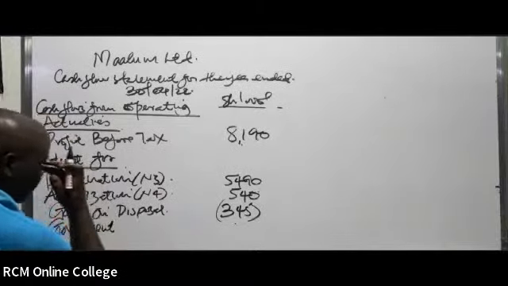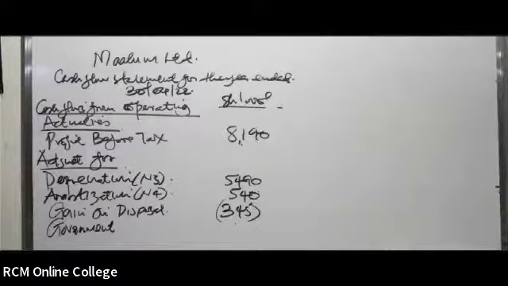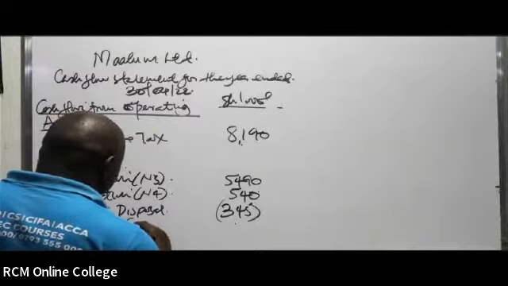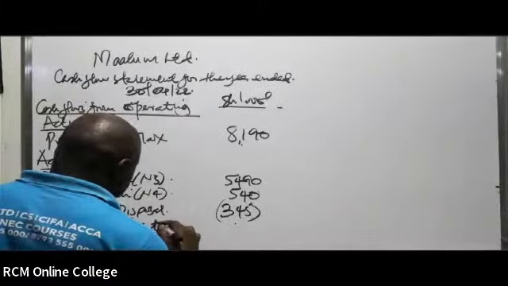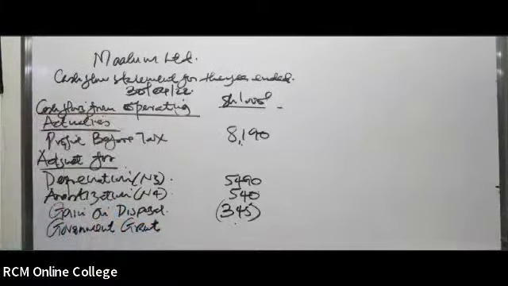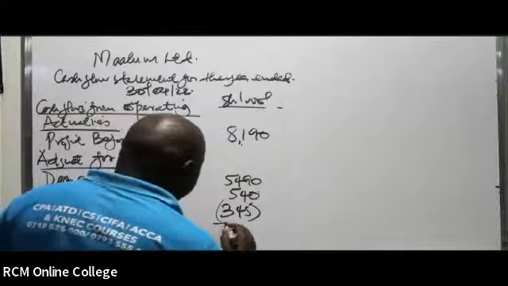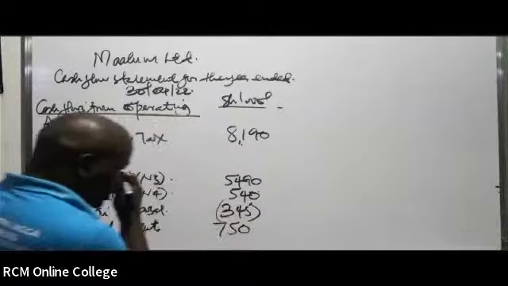But the real cash flow is what we calculated and got as 1710. So this government grant we'll end up deducting, which is an amount of 750.